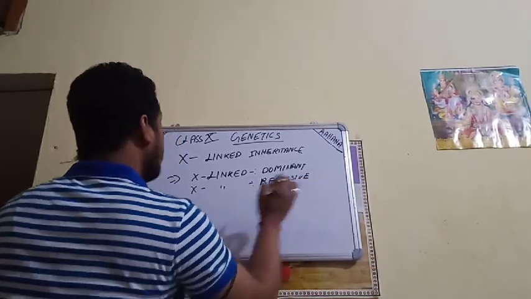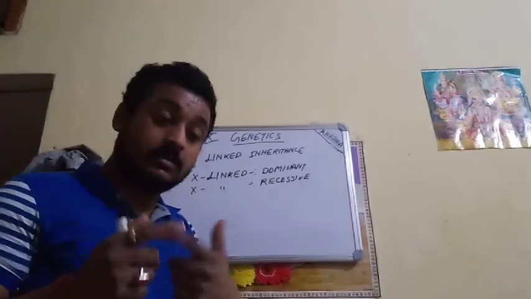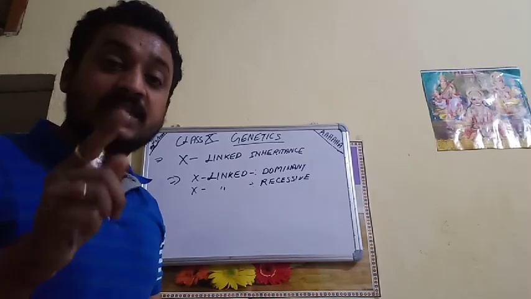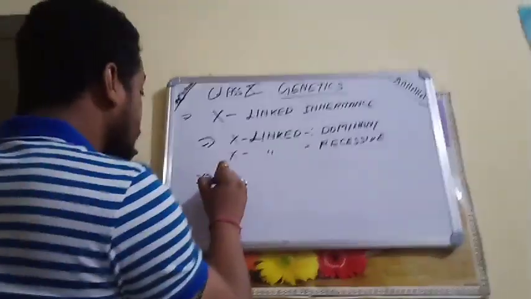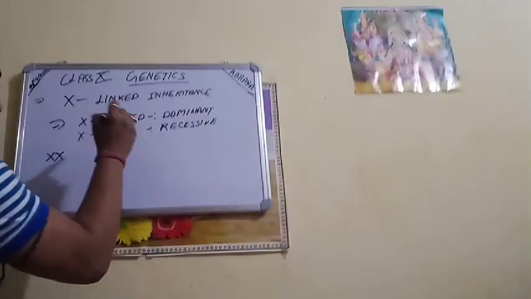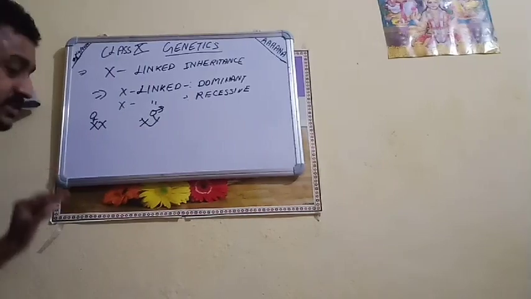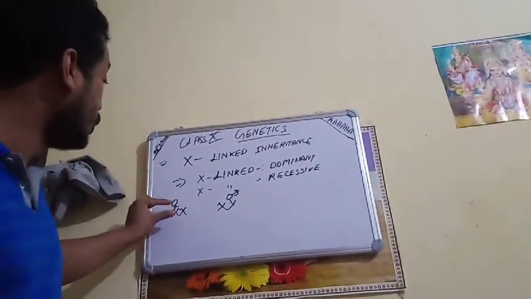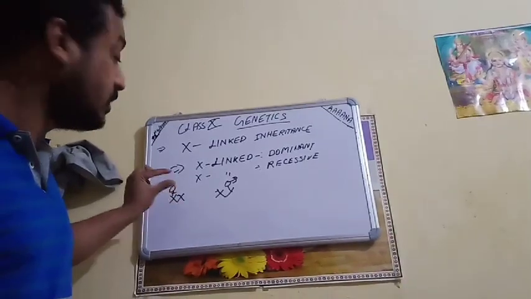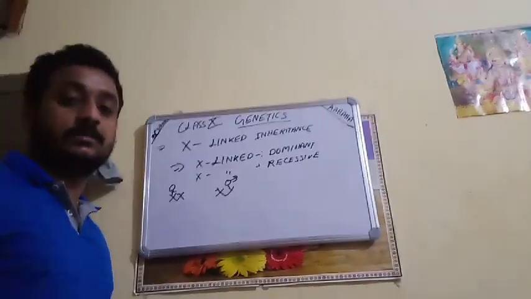What happens in X-linked dominant? The things are just different here. Let us talk about the human female XX and the human male XY. If any kind of alteration takes place in the genes present in the X chromosome, that is known as X-linked inheritance.